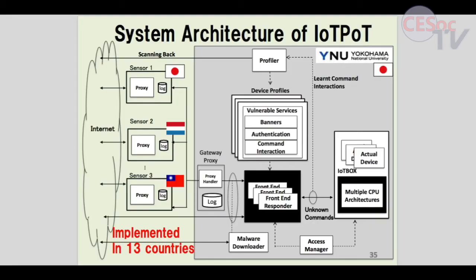We have implemented these sensors in more than 13 countries at this point in time. If you are interested in our activity, please join us, and we can provide some kinds of response from the core system through the proxy. The data captured by our core system can be shared with research partners.